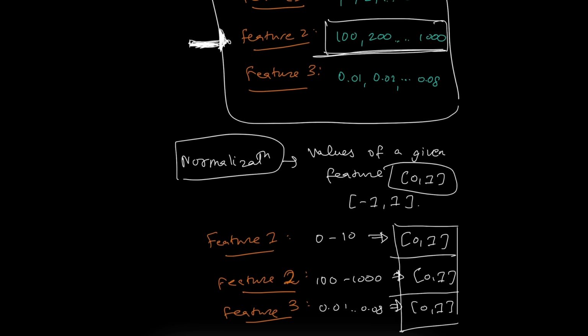So normalization in multivariable regression is important because it helps you scale all features to the same range, and same range is very important for our model to learn accurate correlations or accurate patterns between these features and the output variable.